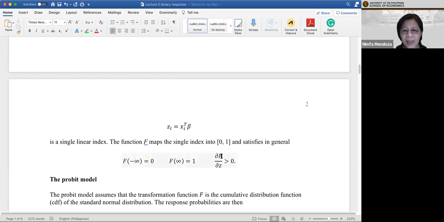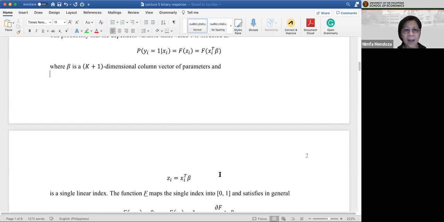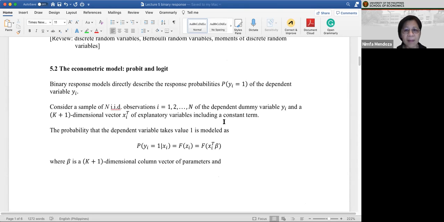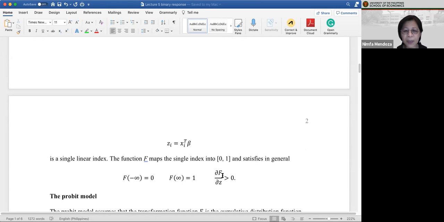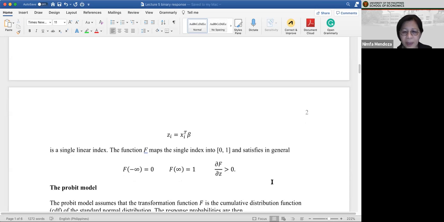When z increases, F also increases. These equations hold for both the probit and the logit. So that's the common framework for the probit and the logit model.